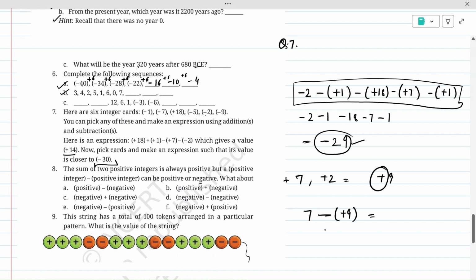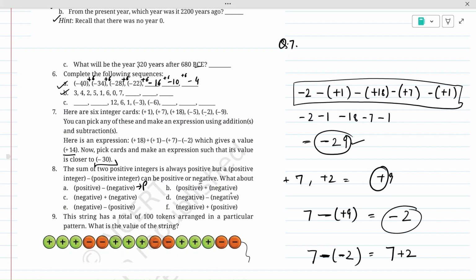Okay, in this case we will have minus 2 as the answer, right? So it depends. What about positive minus negative? If we have a positive number and we are subtracting a negative, so kids, minus multiplied by minus is equal to positive. So minus into minus is plus, it will be 7 plus 2. It will always be a positive number.